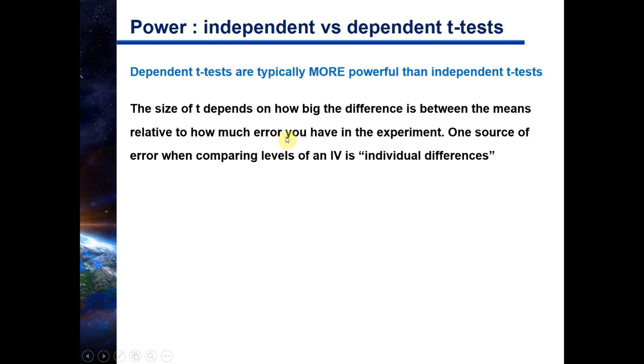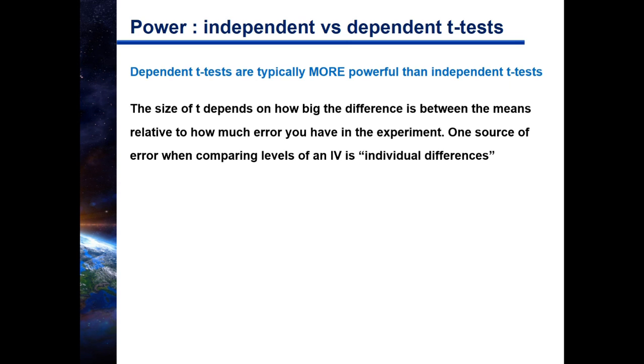Now, if you have different people in each group, another source of error is individual differences. If I have Peter, Paul, and Mary in group 1, they have all these individual quirks, personality quirks.